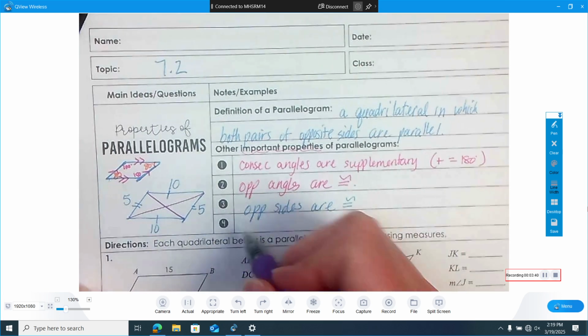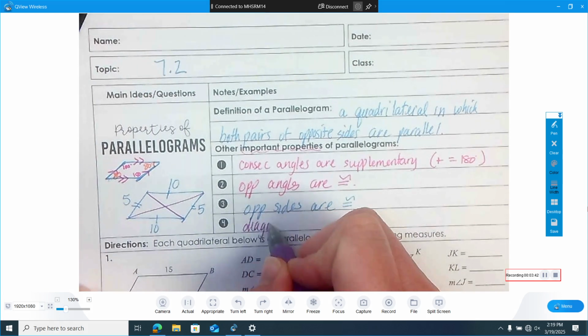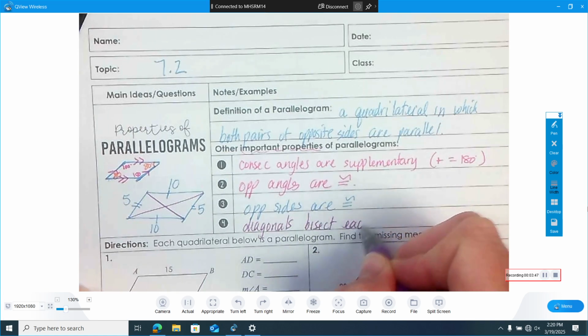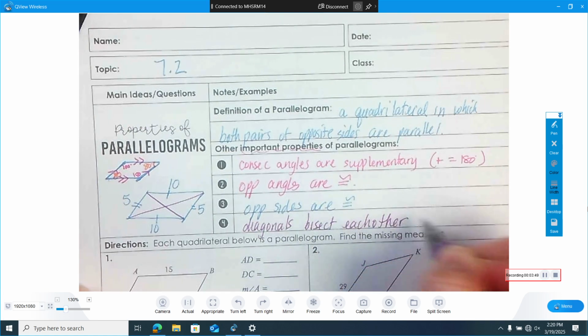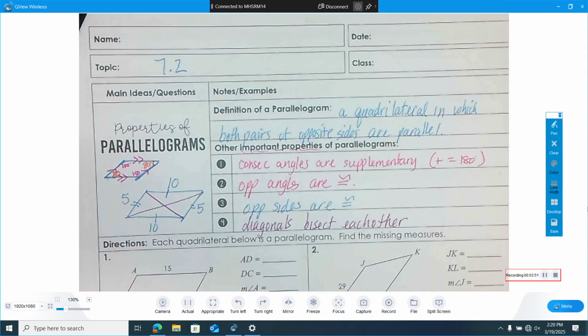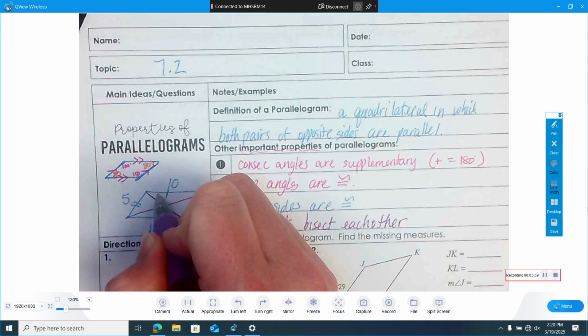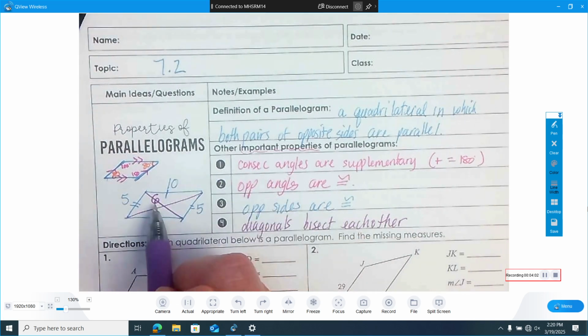But it turns out that the diagonals bisect each other, which means they cut each other into two equal parts. So if this piece here is a 6, that piece of the diagonal is 6, what's the one below? 6.